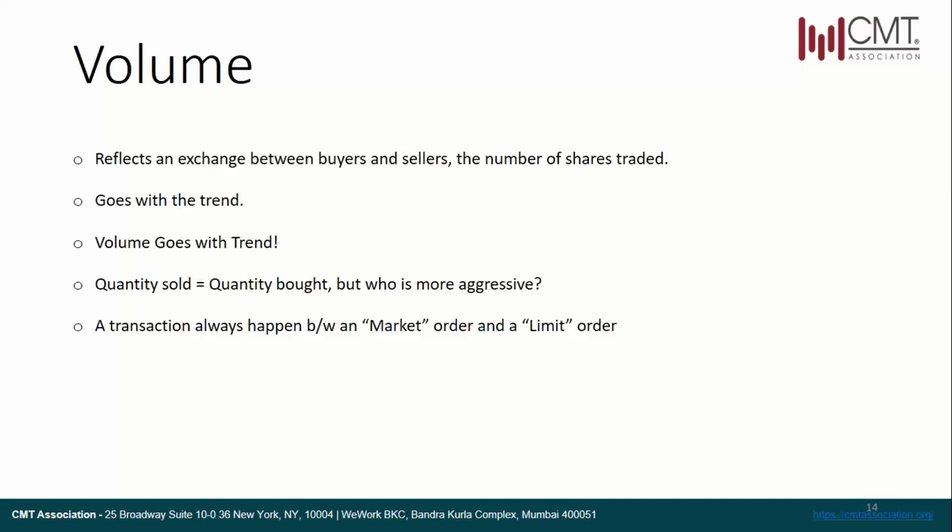The other thing to be discussed is the fact that the quantity sold is always the quantity bought, but the point is who is more aggressive. The point I'm trying to make is that if X amount of quantity is being bought, then X amount of quantity has also been sold, right? So the bought and sold quantities have to be equal.